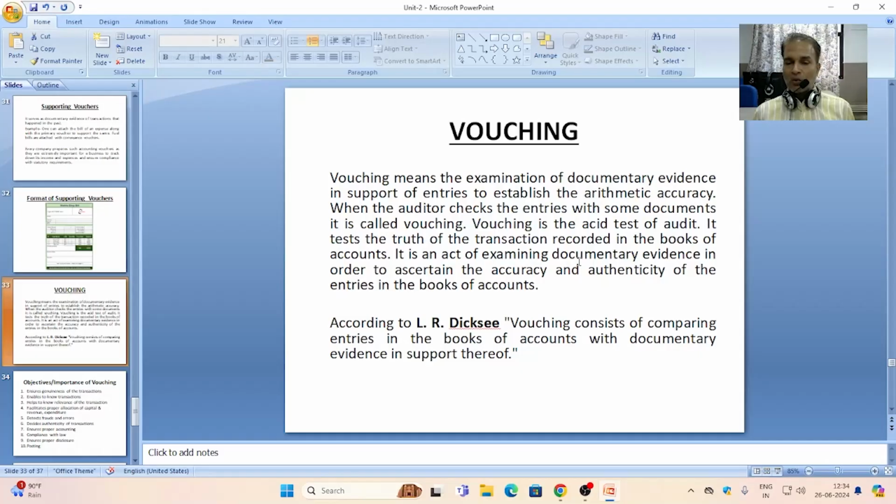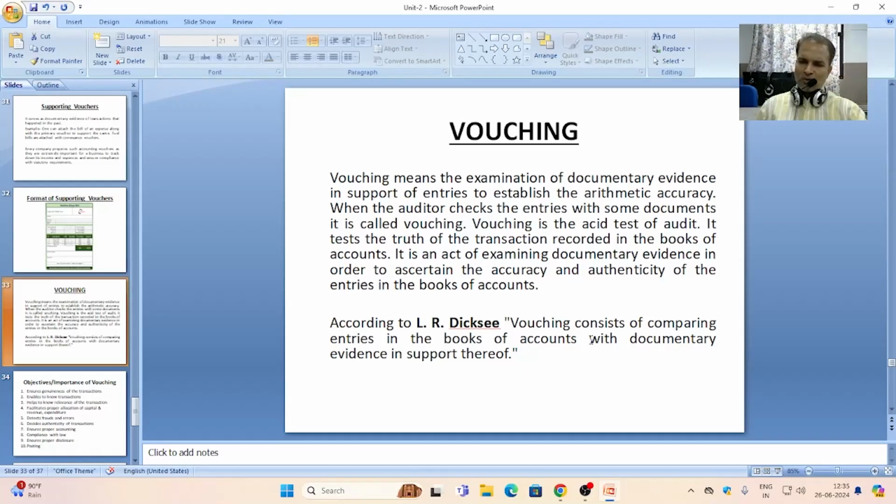So this is only a comparison between the entries or recording of transactions contained in books of accounts and the availability of documentary evidence, that is, vouchers. According to L.R. Dixon, vouching consists of comparing entries in the books of accounts with documentary evidence in support thereof.